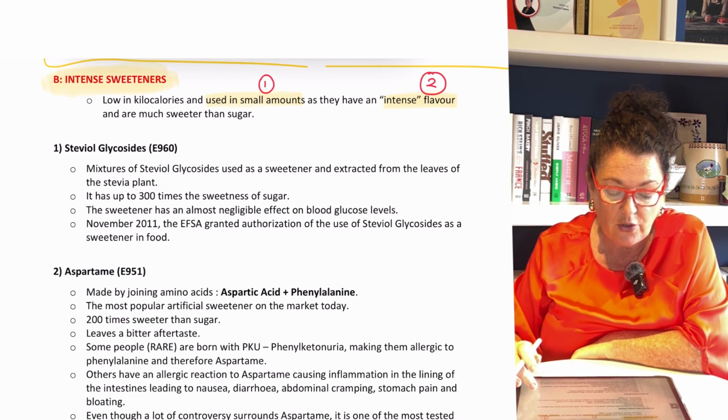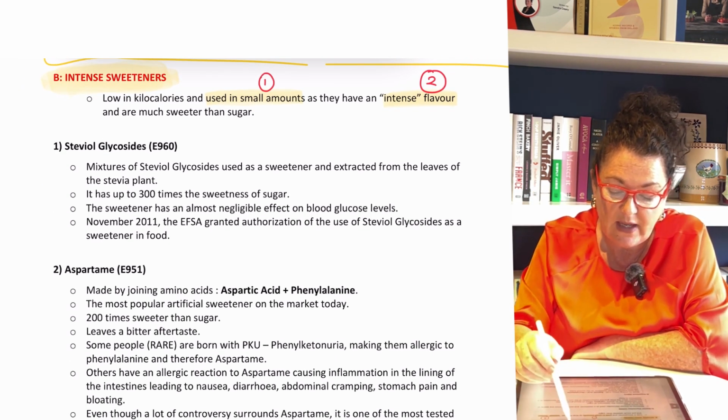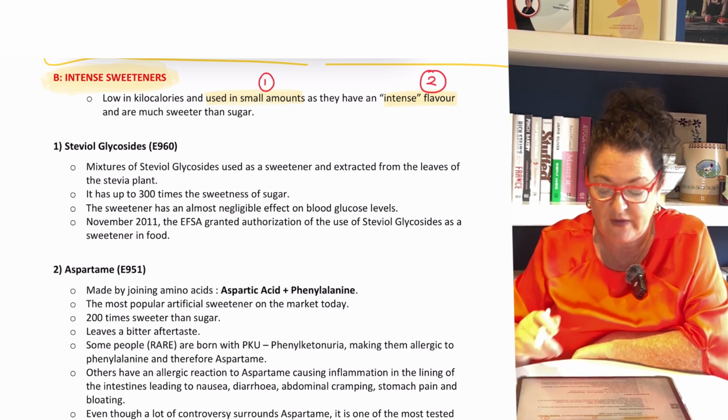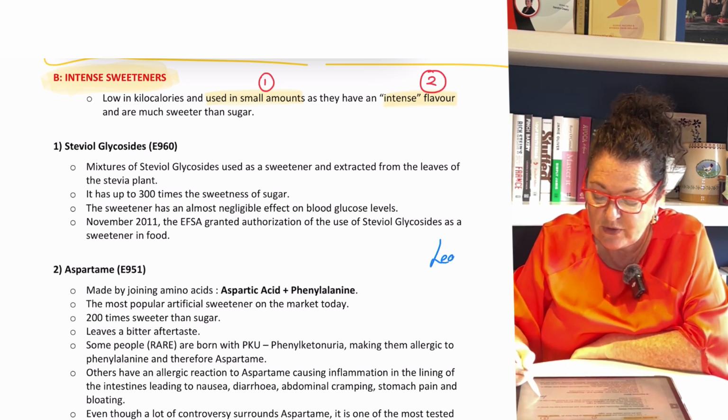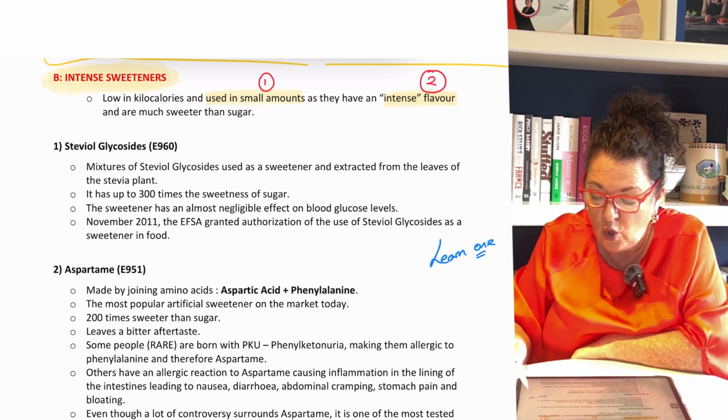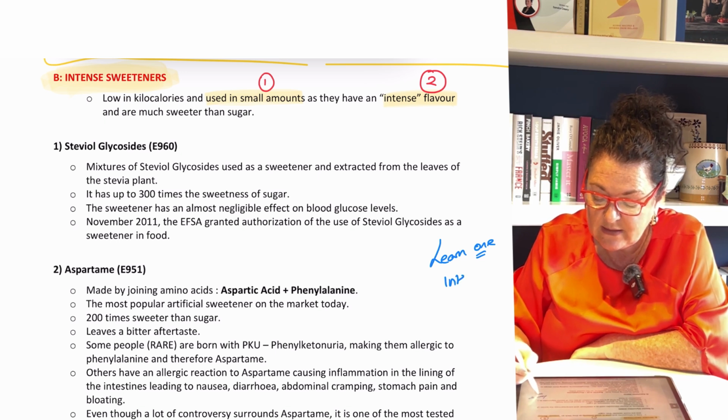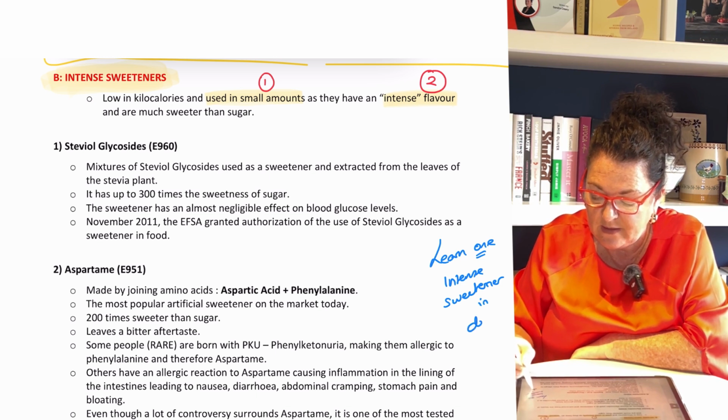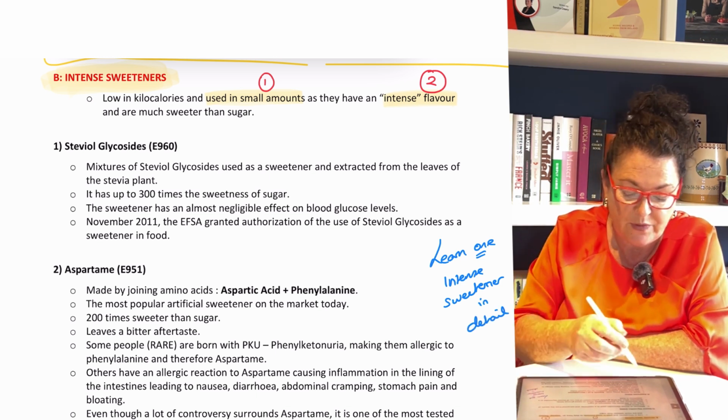Now, if I had to learn one of these in detail, I personally would go for the aspartame. So I'm just going to write here, learn one intense sweetener in detail. So up to you.